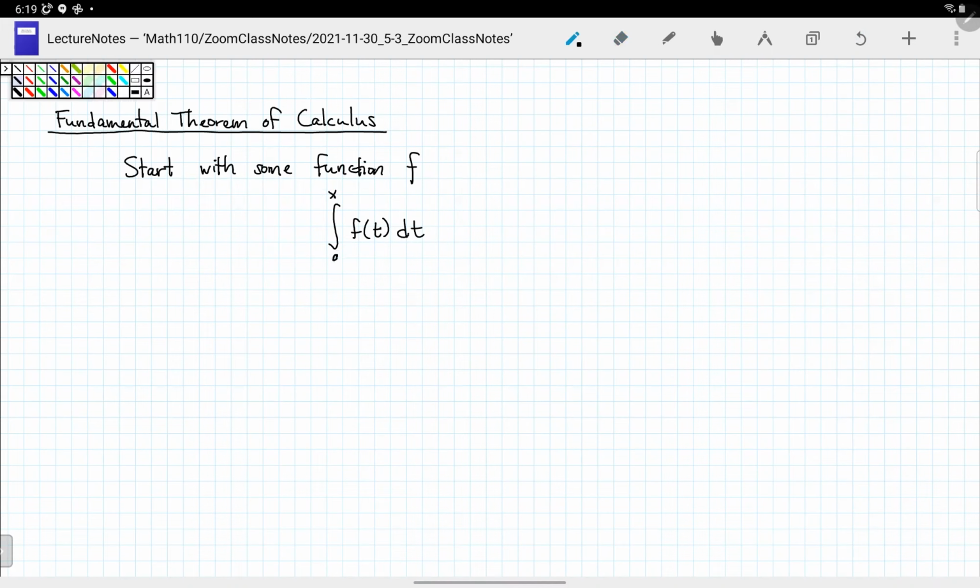It could be any number a, any number a that makes sense in terms of where f is defined. Okay, and the fundamental theorem says that if I differentiate this function with respect to x, then I'm going to get that integrand function f of x back.